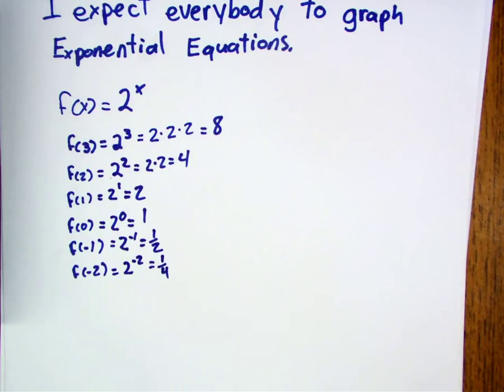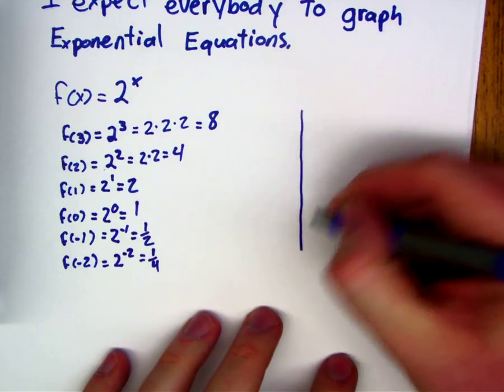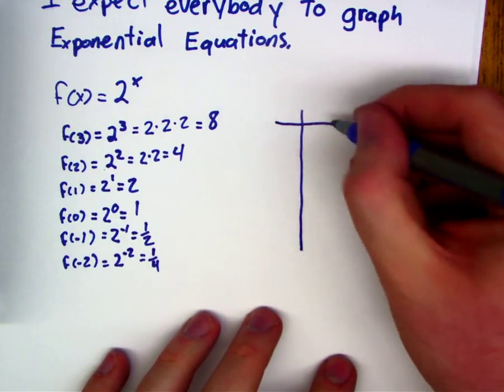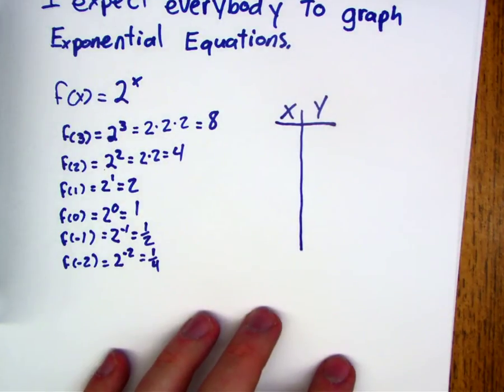Alright, this will be our first step in getting ourselves to where we can graph exponential equations. We want to first set up a table of values. And so what that will look like is we're just going to make a nice table, where we're going to have x and we're going to have y.